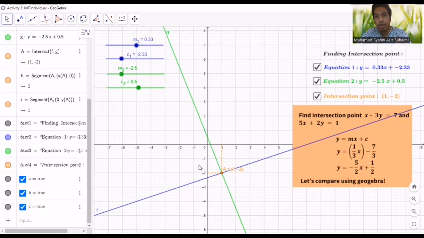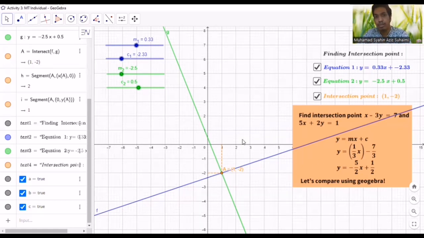But using GeoGebra, we can see more clearly, and I can prove to you that the intersection point you find using the other method is correct, as you can see in the GeoGebra.